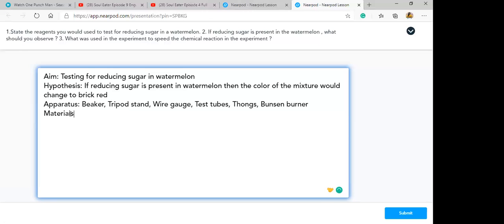No, but I did say it to you. Let's go. So materials. And the materials would be what?